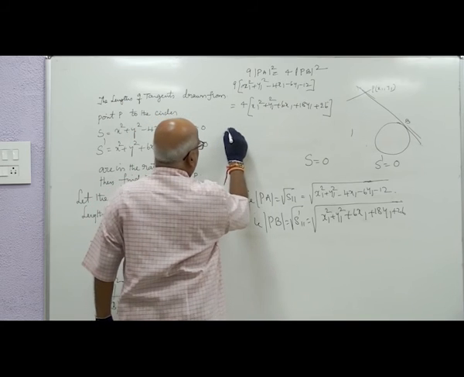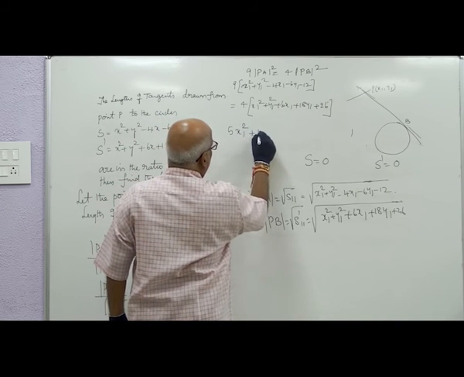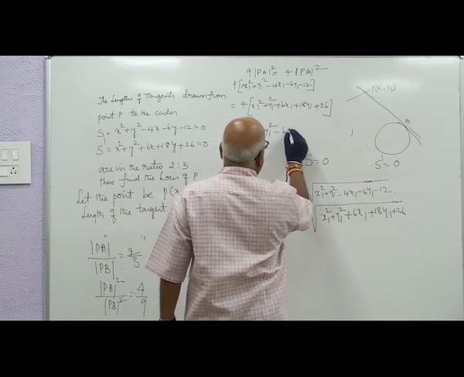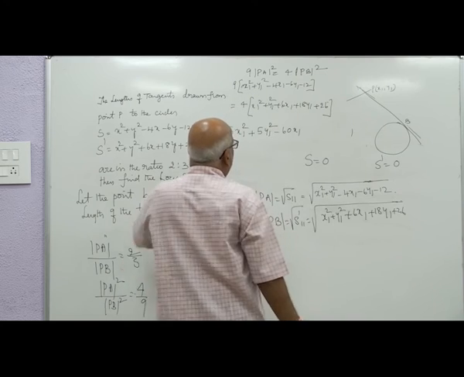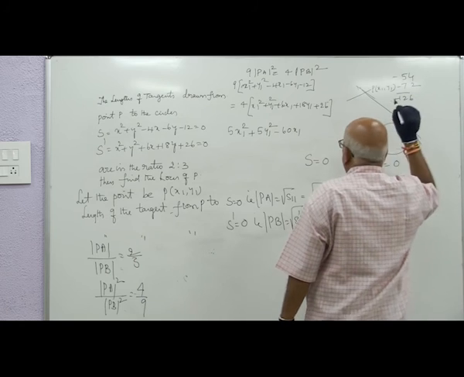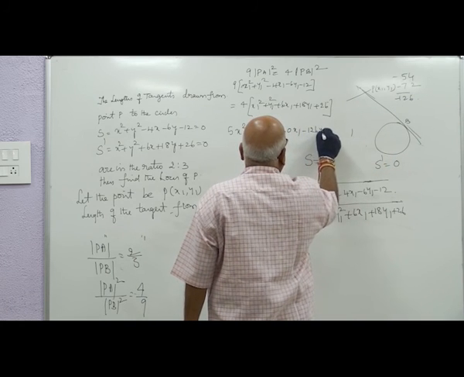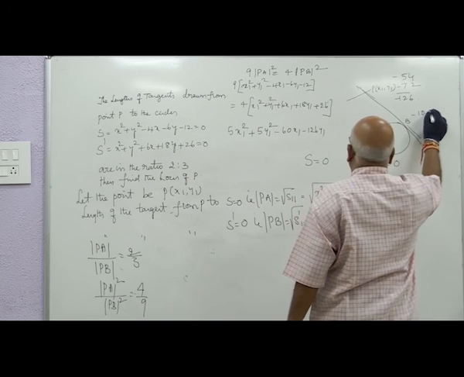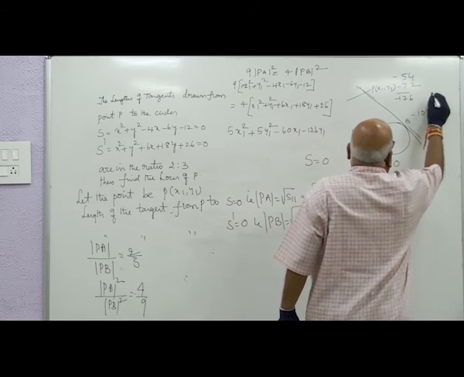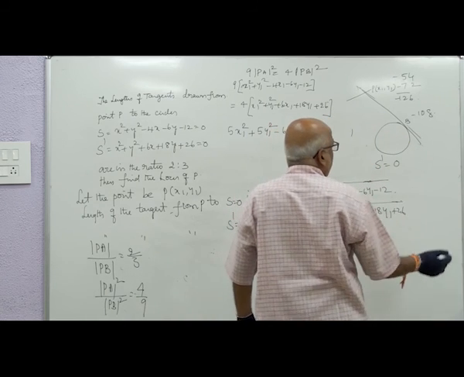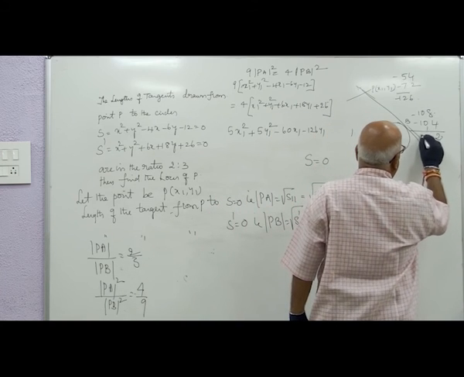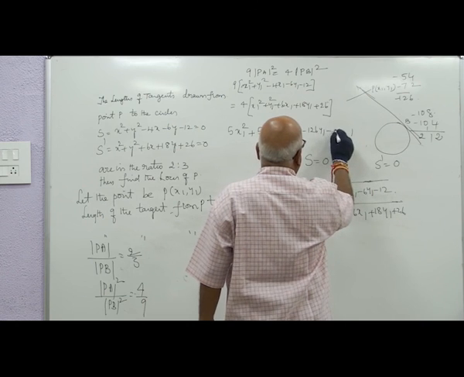9x1 square minus 4x1 square, 5x1 square, 5y1 square, minus 36x1 minus 24x1 is minus 60x1, minus 54y1 minus 72y1 is minus 126y1. 9 12s are minus 108, 4 26s are minus 104. Put together, minus 108 minus 104 is minus 212, equal to 0.